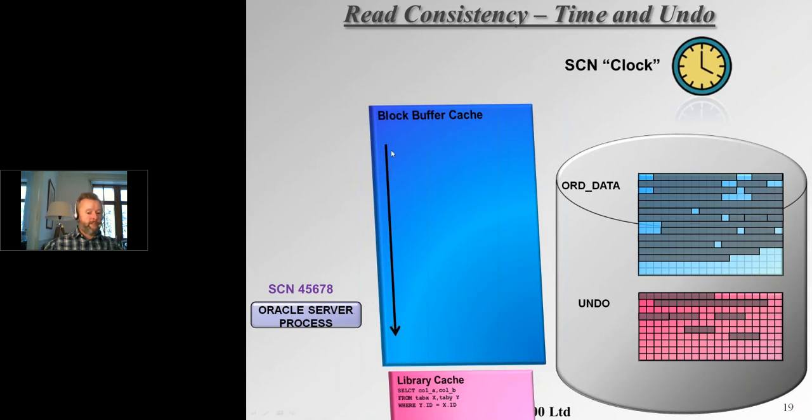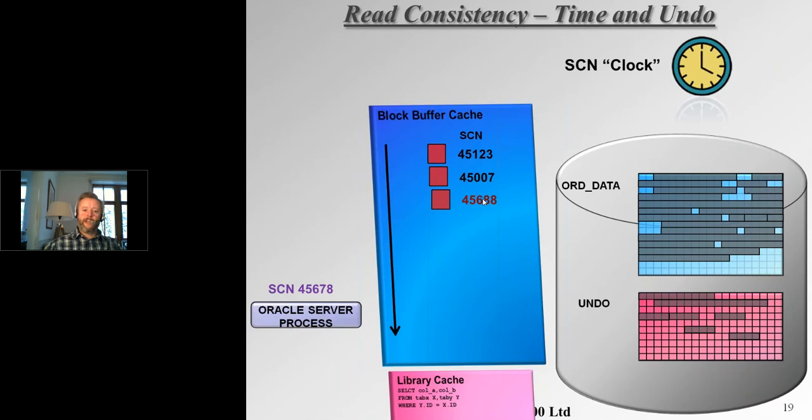It just indicates processing the query. So it gets the first block, and it has an SCN of 45123. Now that's lower than 45678. So Oracle knows that block's not changed since this query started. The last change is a long time ago. It gets the next block, 45007. Again, it can use that block, it's not changed.